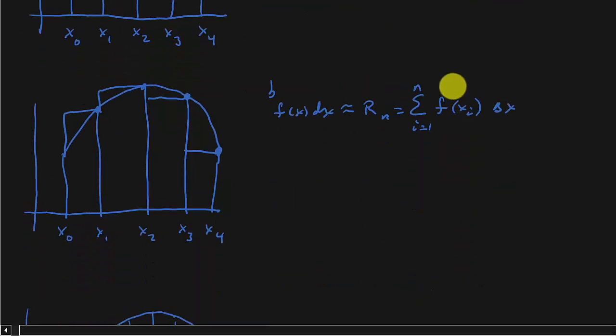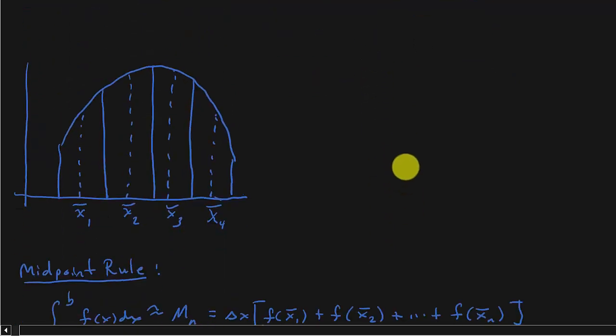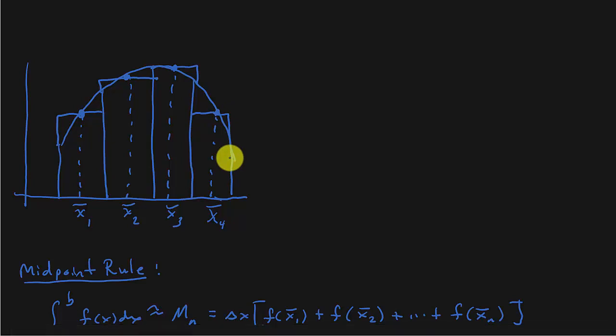Another one would be right endpoints, same thing: you add up the areas of all the rectangles. And then you have midpoints. I did not draw the rectangles here, but here you have your midpoints, and we could approximate the area like this also. All right, let's go ahead and look at some stuff.